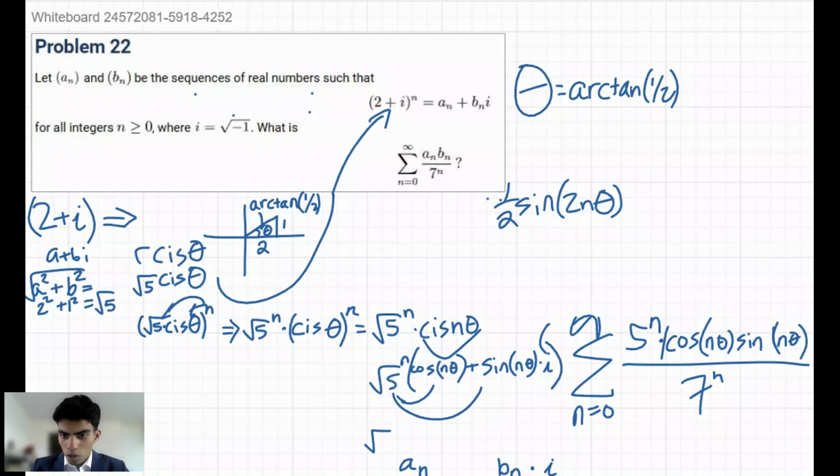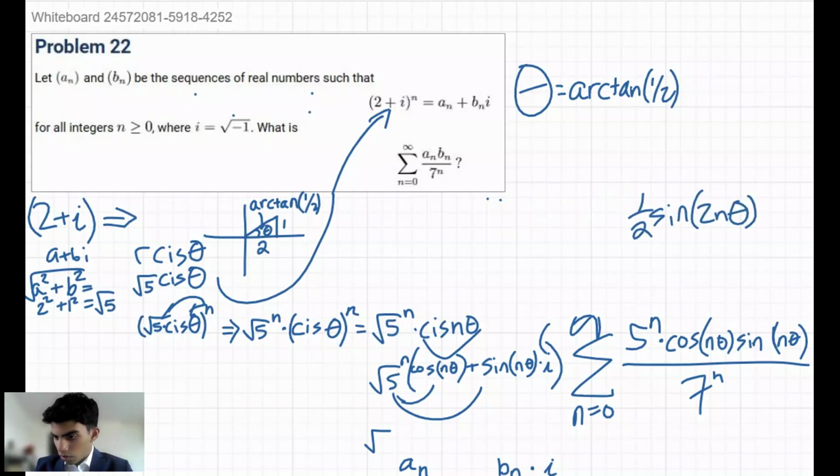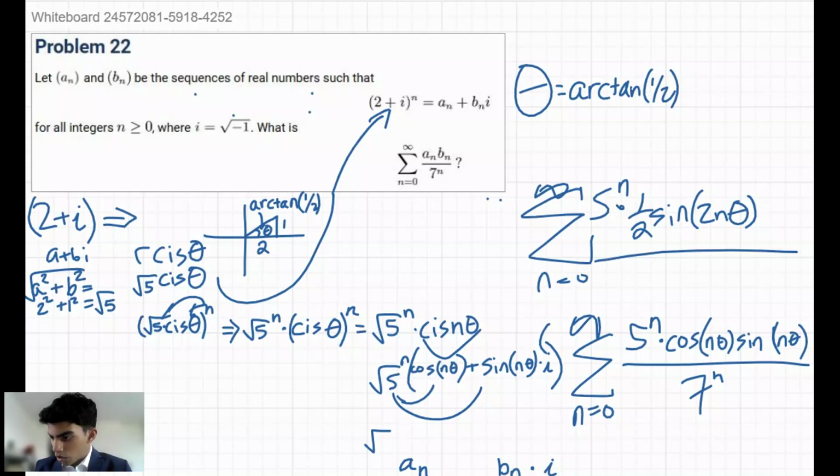So we can rewrite this expression as the infinite sum, n equals 0 to infinity, of 5 to the n times all this over 7 to the n.